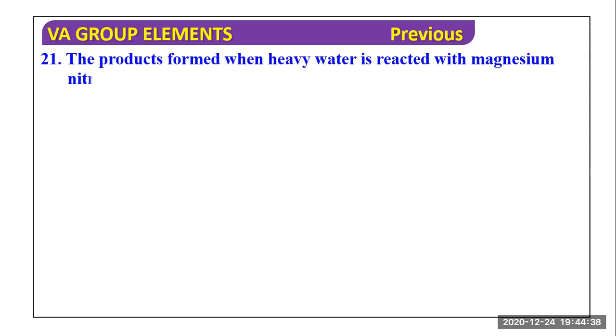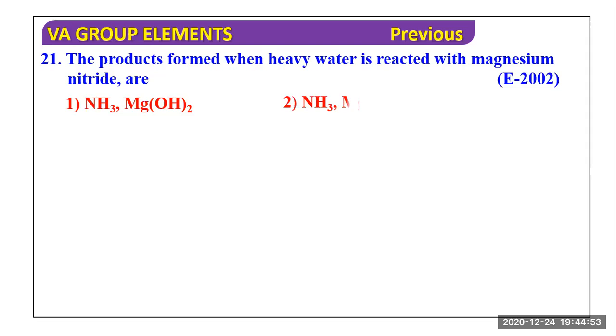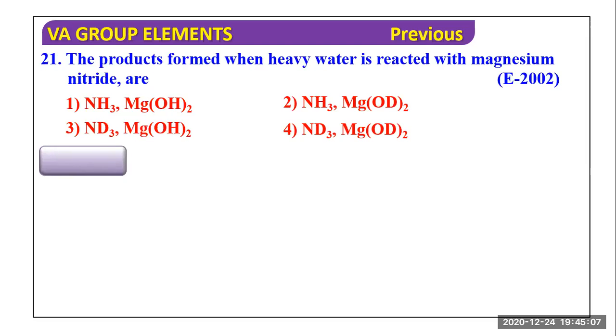The products formed when heavy water is reacted with magnesium nitride are: which one is the correct? Option A, ammonia and magnesium hydroxide. Option B, ammonia and magnesium hydroxide with deuterium. Option C, ND3 and Mg(OH)2. Option D, ND3 and Mg(OD)2.